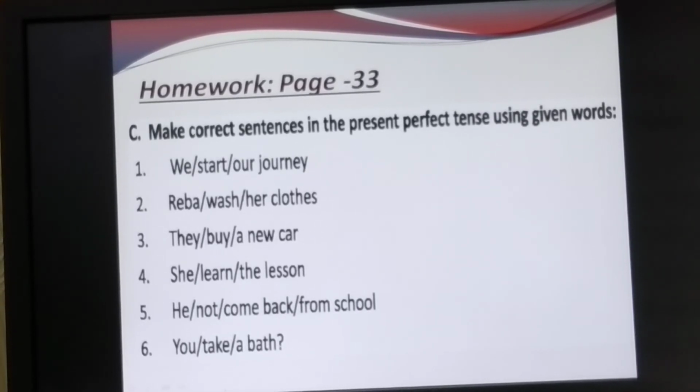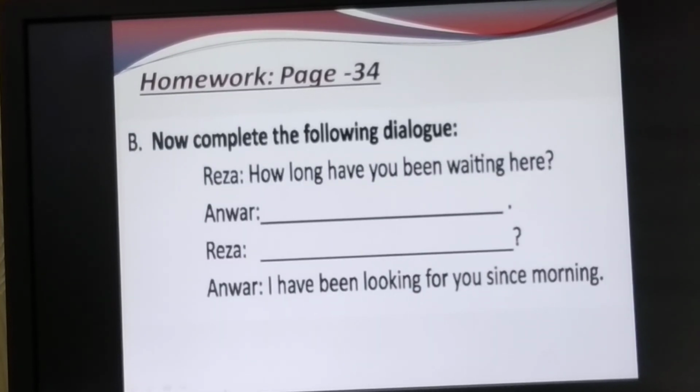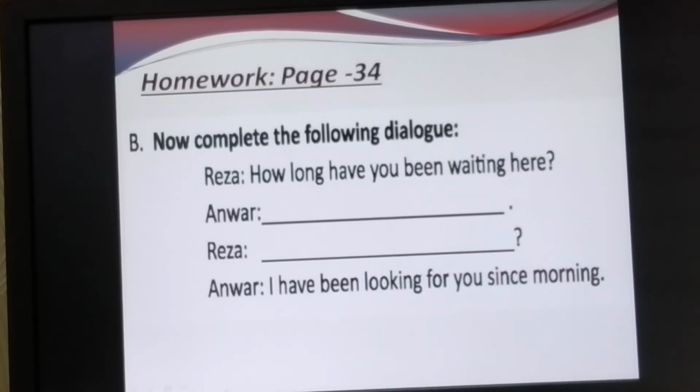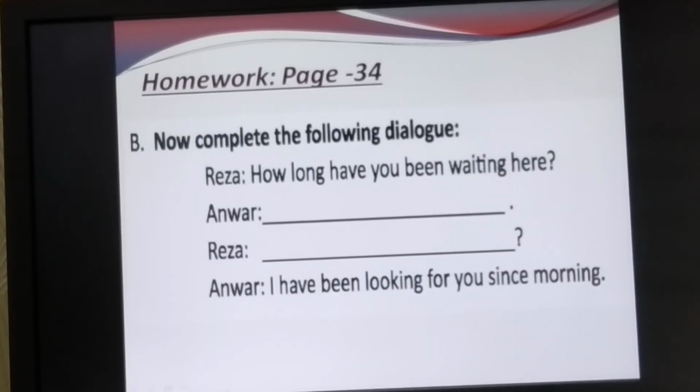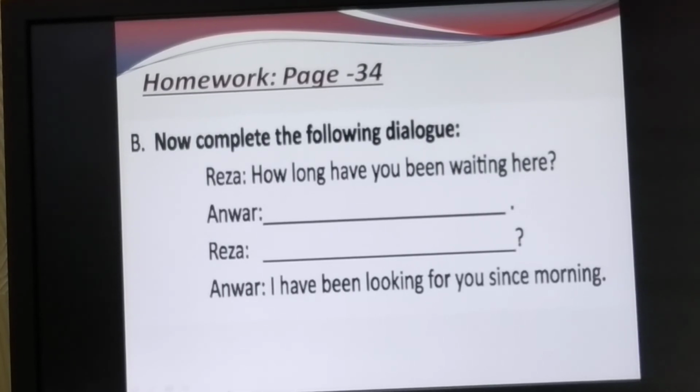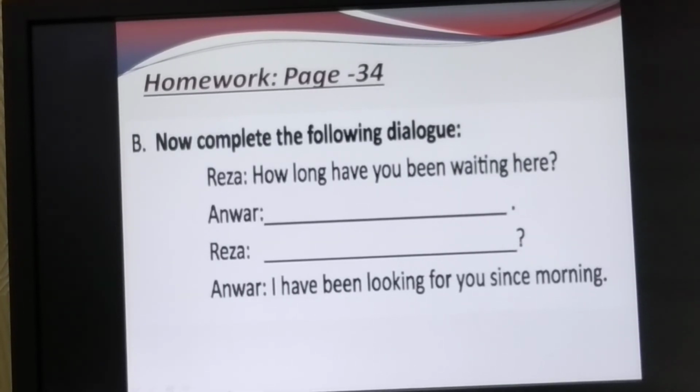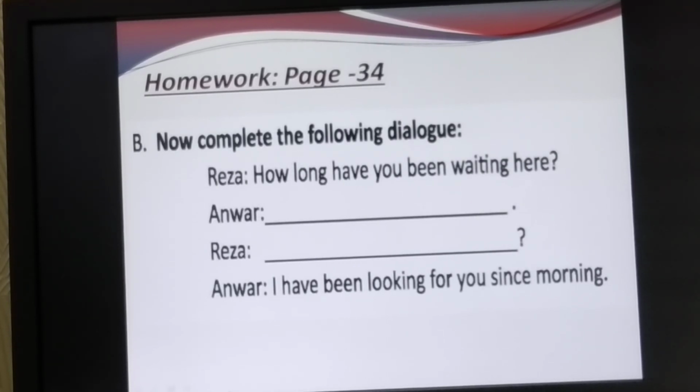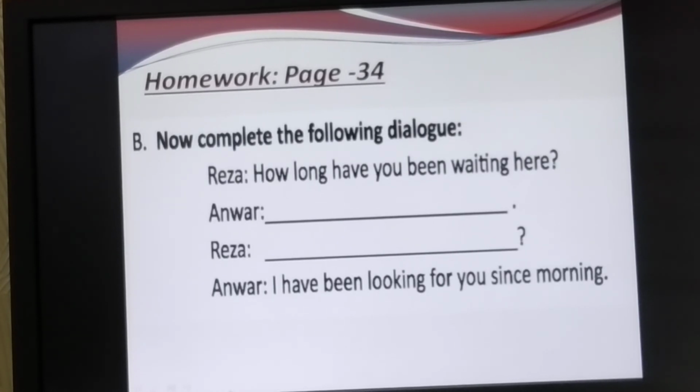Okay, now this is the second one. You have to do it as your homework. It can be found on page number 34 in your book. You have to complete the following dialogue using the tense that should be appropriate here. Reza, how long have you been waiting here? You have to give the answer.